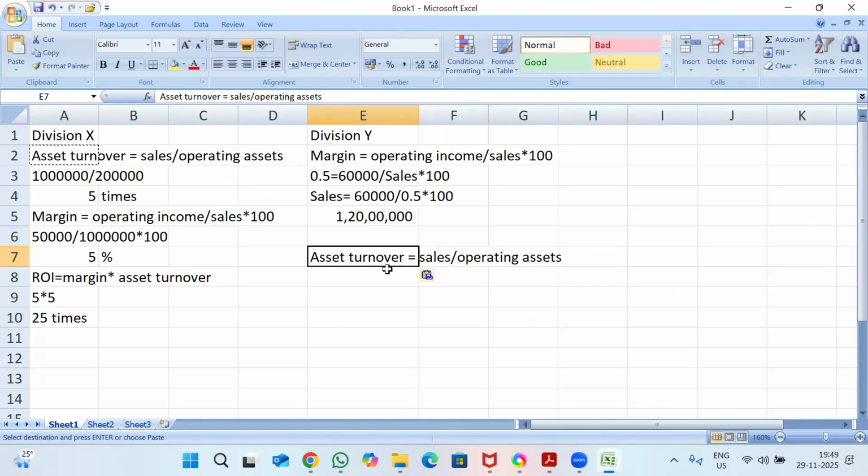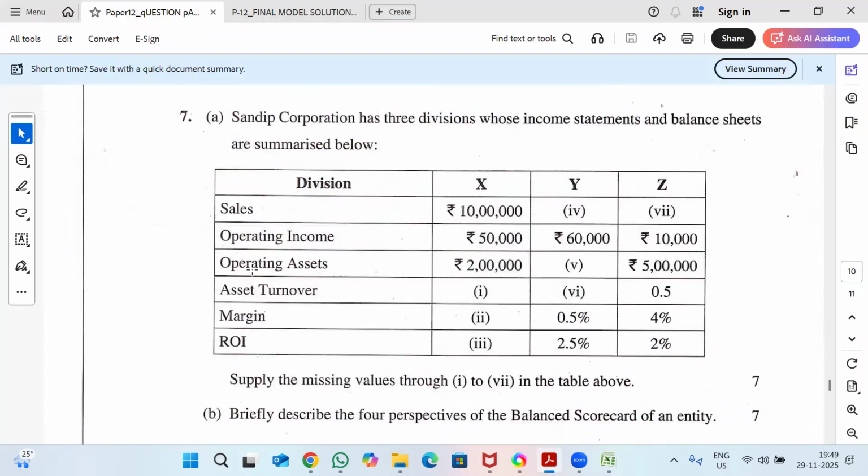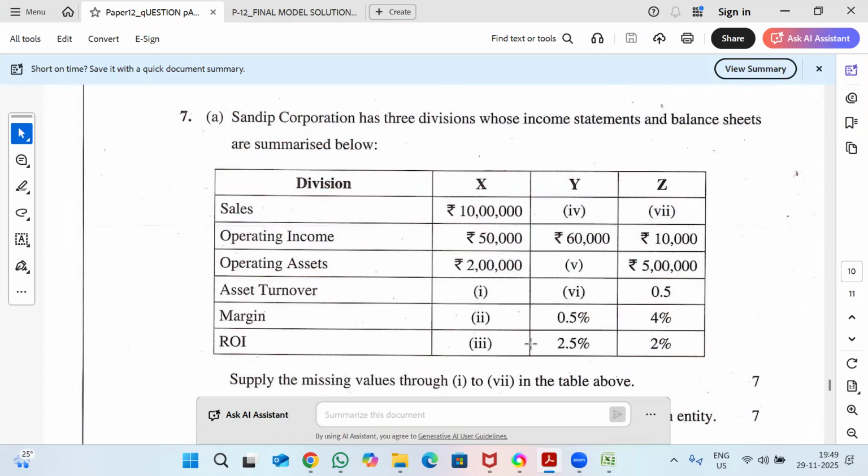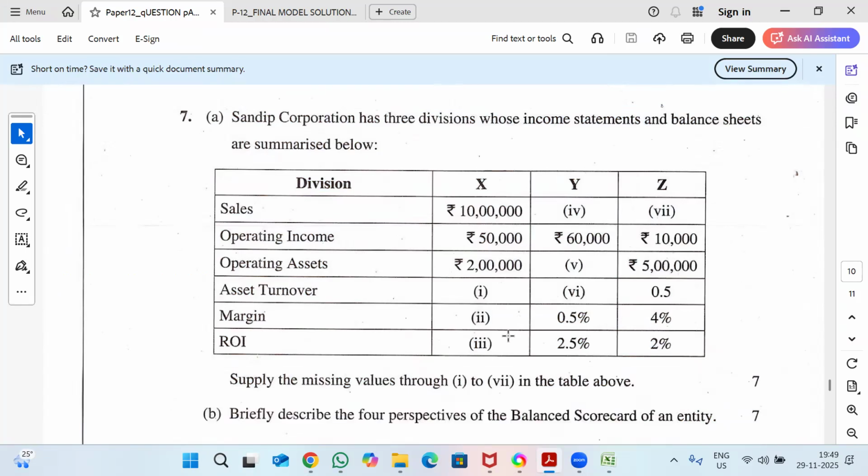Here I don't know asset turnover or operating assets, so I can't apply that formula. So I will try the ROI formula.